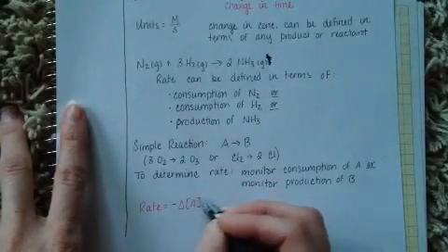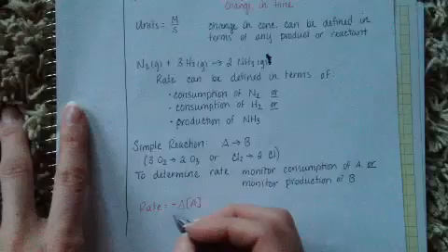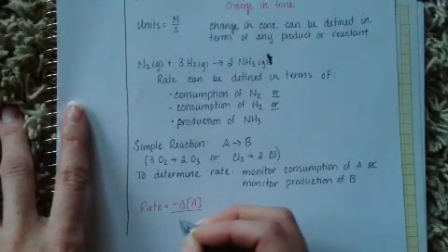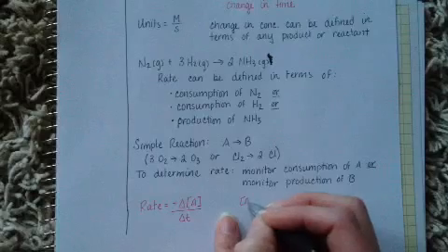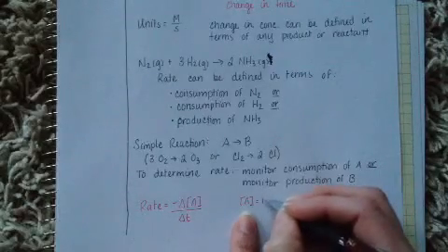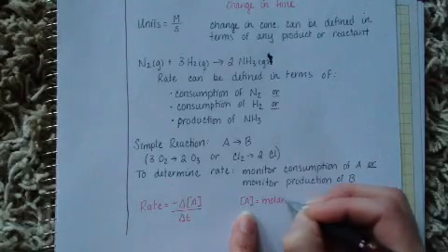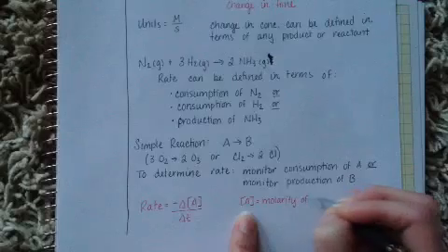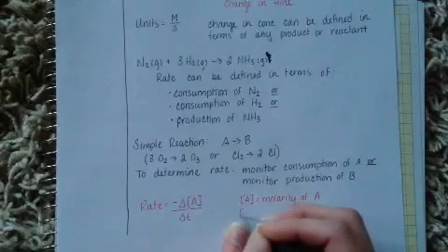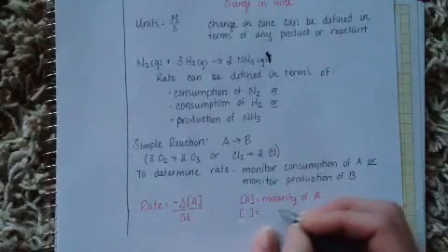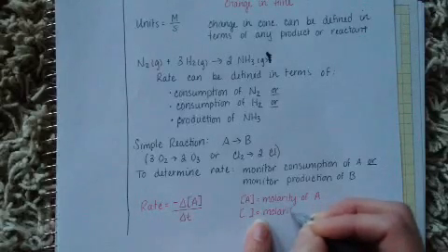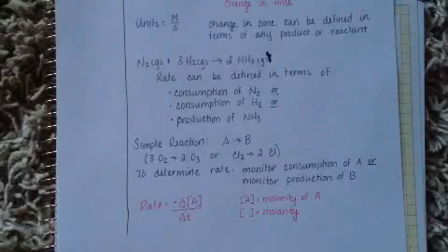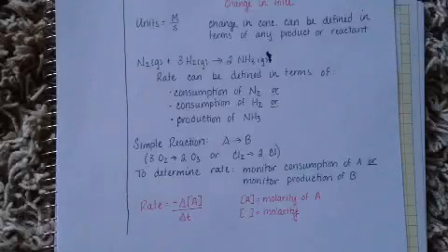The square brackets represent molarity per change in time. So this A in the brackets means molarity of A. We'll use this bracket notation quite a bit, especially next quarter, and it just represents molarity. It just means the molarity of whatever is inside of the brackets.